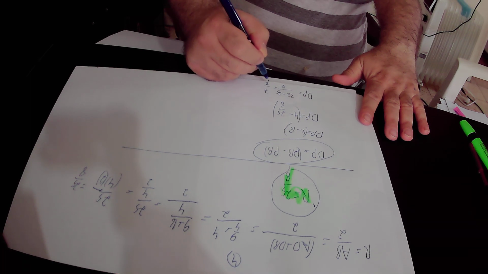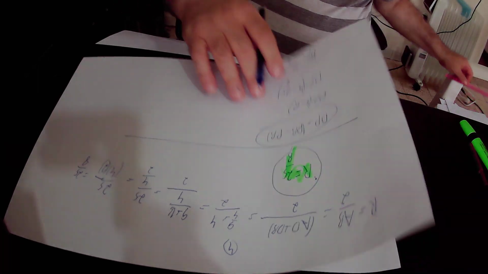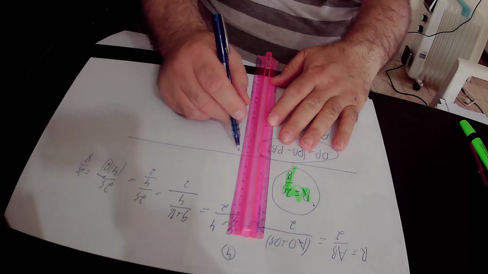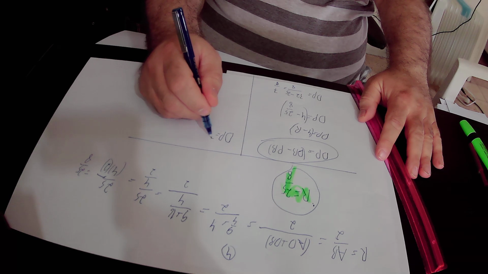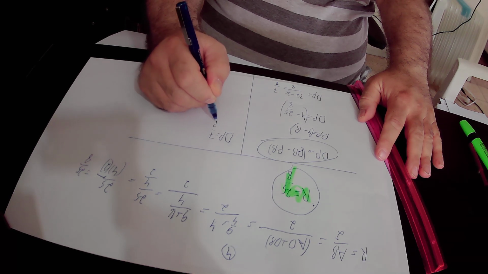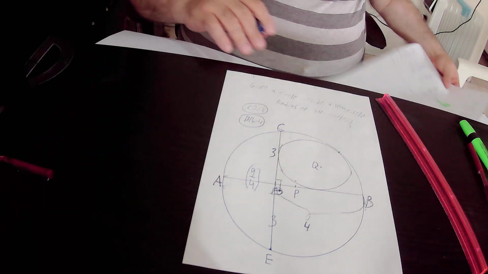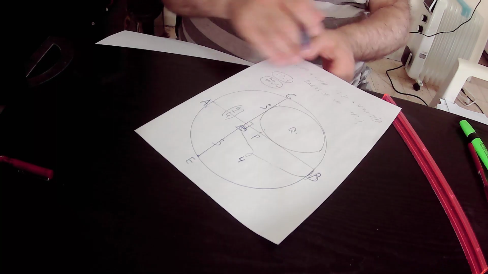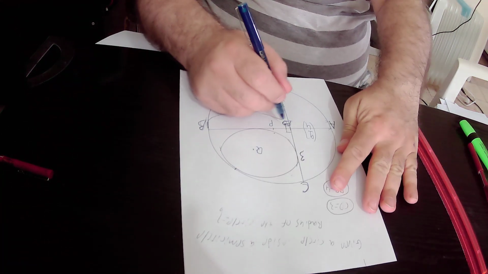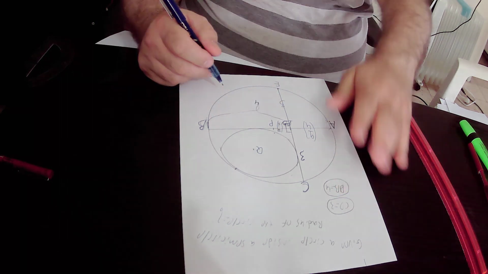So in conclusion, we found out that the short line segment DP is equal to 7/8 units in length. So we can write here that DP equals 7/8. Okay.